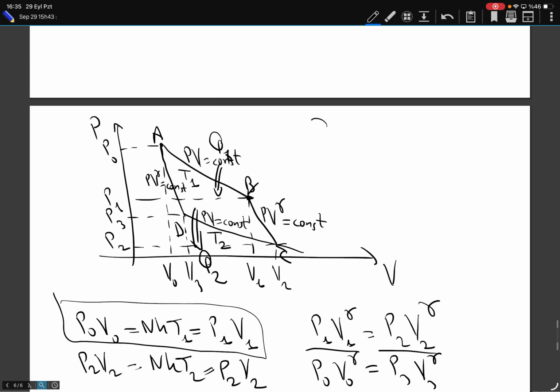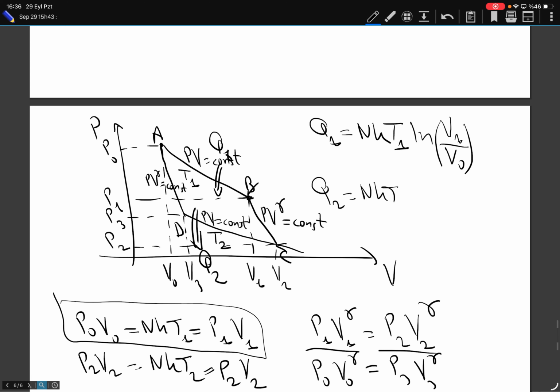So Q1 will be nK, from A to B, the system is at the temperature T1, and the volume changes from V0 to V1. And Q2 is nKT2, and the change in the volume is V2 over V3.